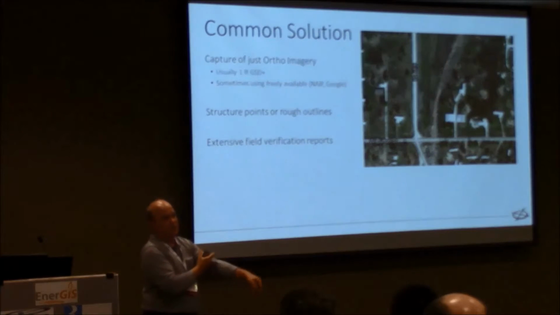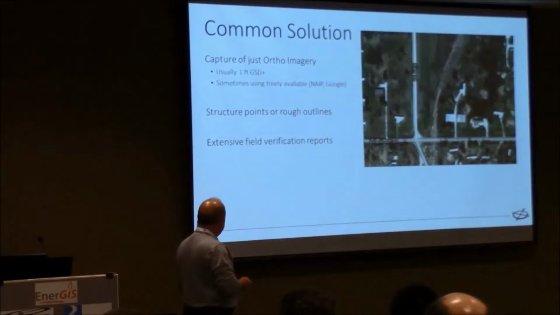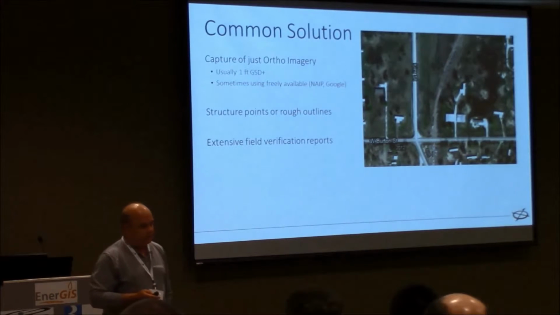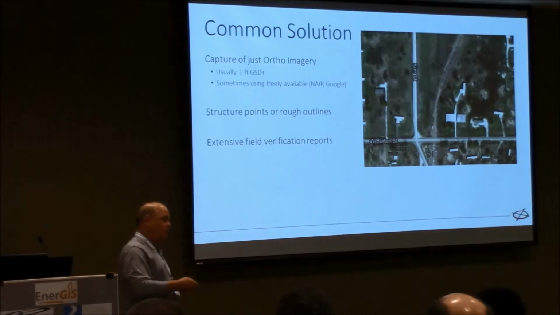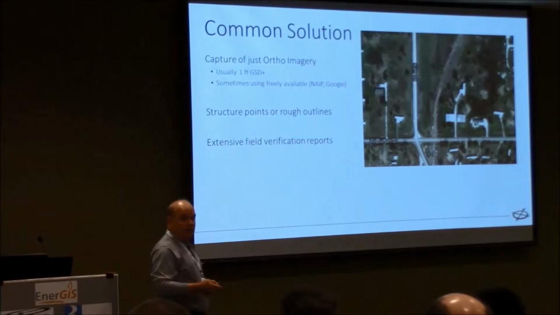And it really depends from client to client what their appetite is and how they approach it. What they really rely on is extensive field verification. That's really at the heart of their workflow: field verification backstopped by this freely available imagery with points or polygons.